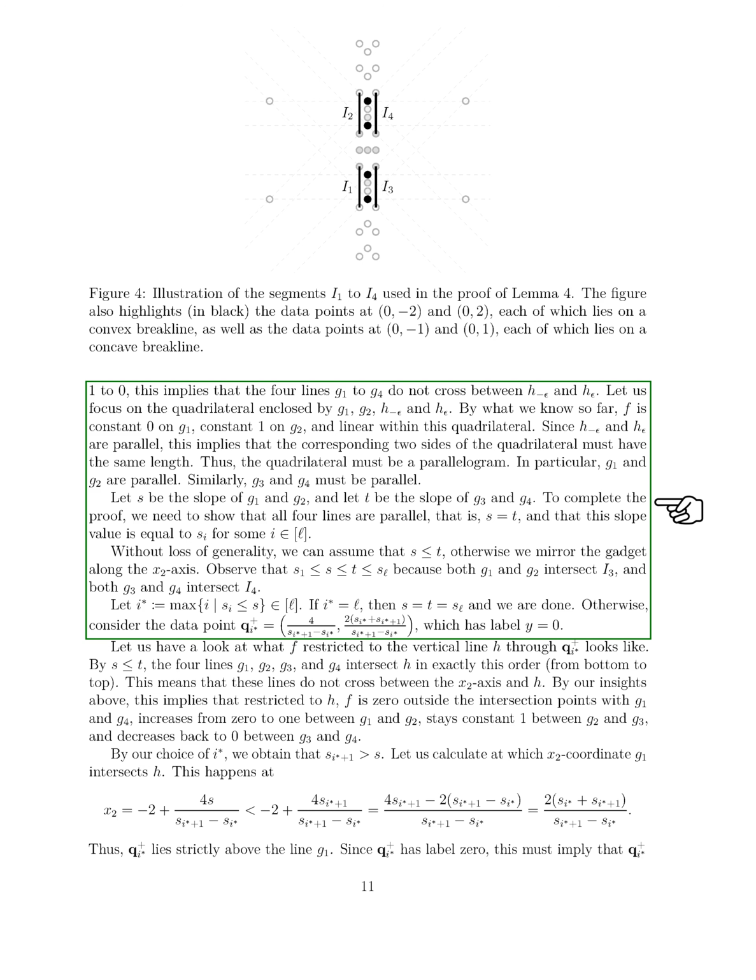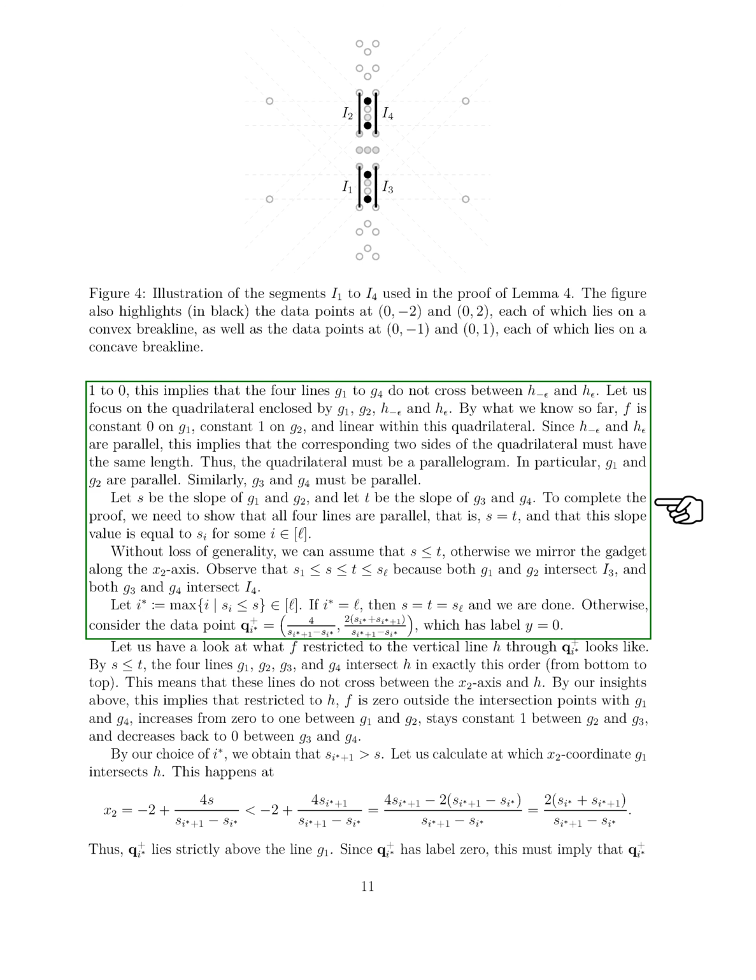Since the lines h, epsilon, and h, epsilon, are parallel, the corresponding two sides of the quadrilateral must have the same length, which means the quadrilateral must be a parallelogram. In particular, the first two break lines must be parallel.